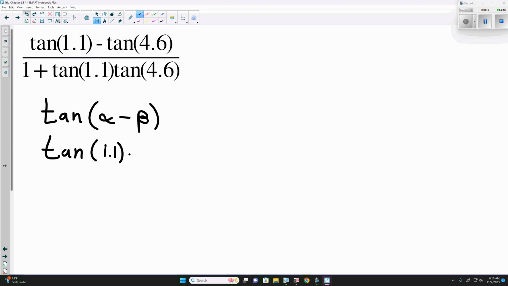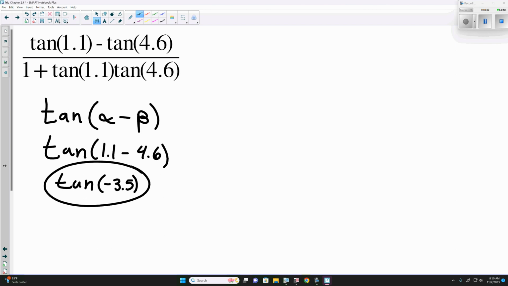Don't need that second parenthesis. Beta is 4.6. This will give us a negative angle, but that's fine, because it'll tell us it's negative 3.5. So that's it.